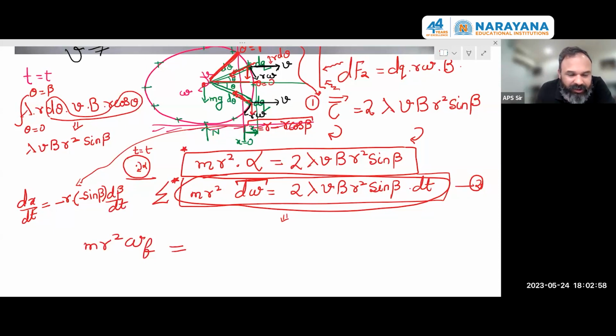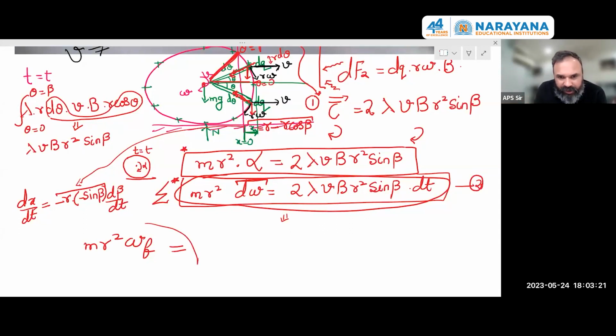R sine beta is representing the dx by dt term through which it has entered. So let me substitute and tell you. R sine beta I'll replace by dx by dt with a d beta by dt term as such. So keep it as such.